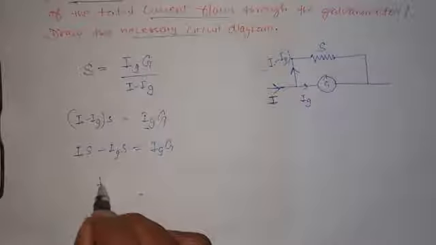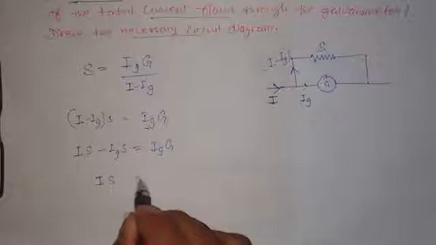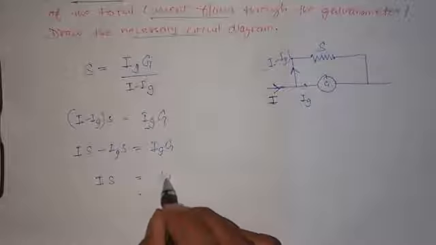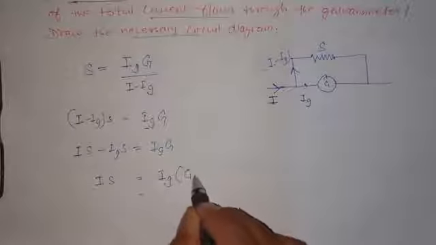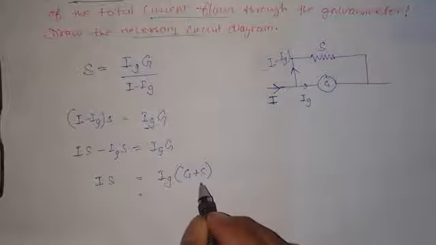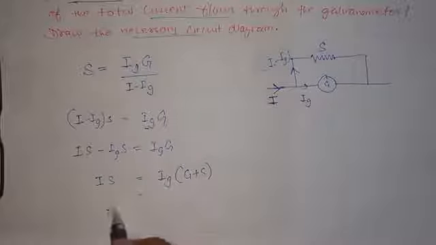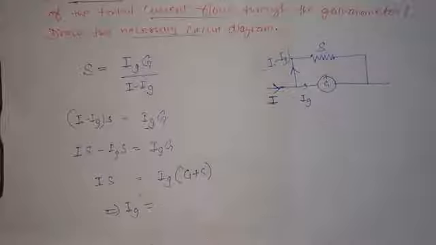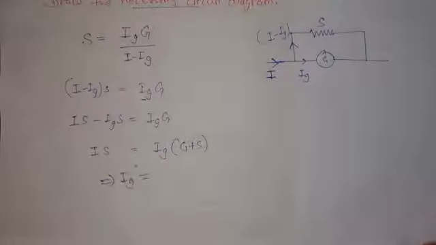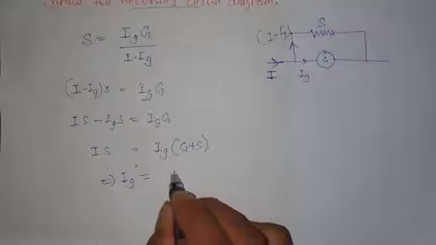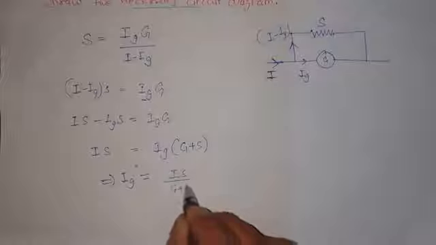Thus we have IS is equal to, if this goes to the right side, Ig (G plus S), and thus this Ig, the current through this galvanometer, will come out to be IS upon G plus S.